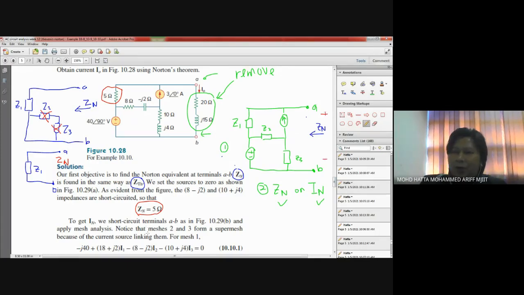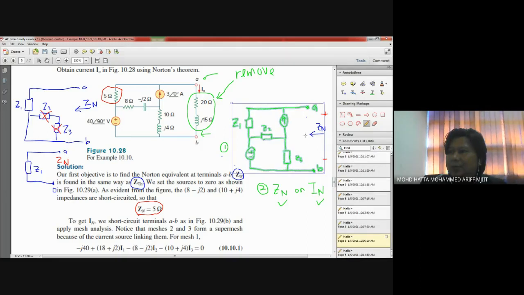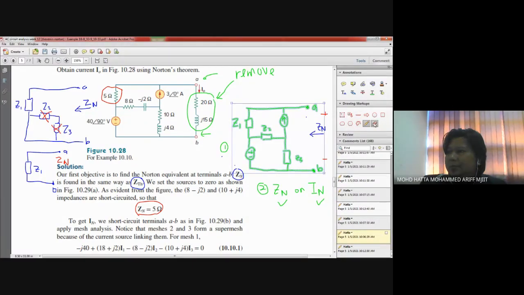And for Norton current, what we try to do is short circuit this element first, make these two elements as short circuit, and the current over here is IN.